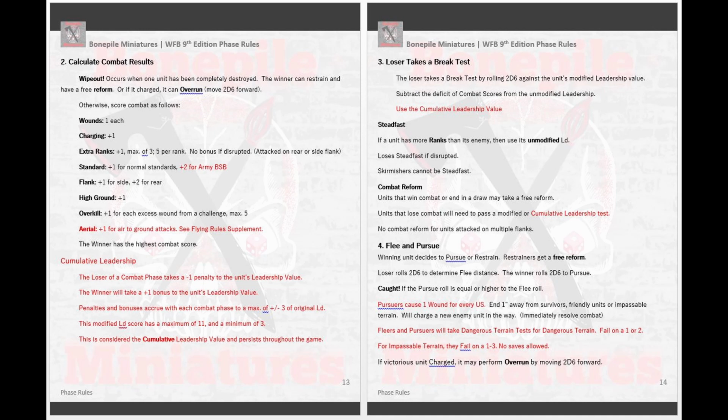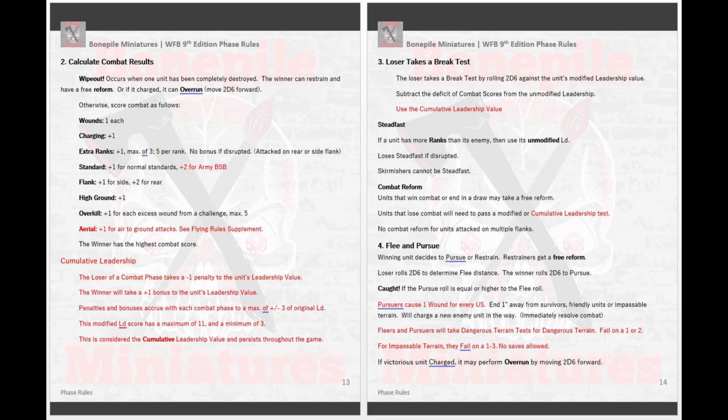And so after combat resolution and before taking the break test, we have another new set of rules which we call the cumulative leadership, which is basically a system that gives rewards and penalties in terms of leadership values to the winners and losers of combat resolution, respectively. So let's read what it says.